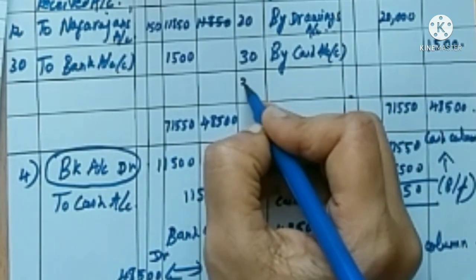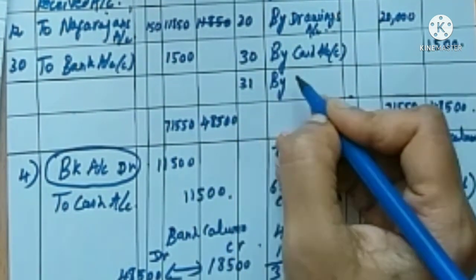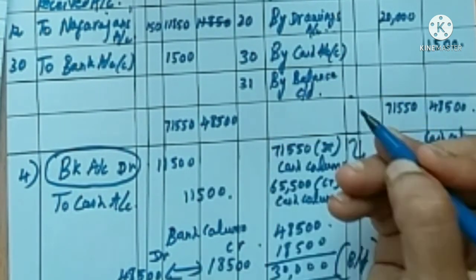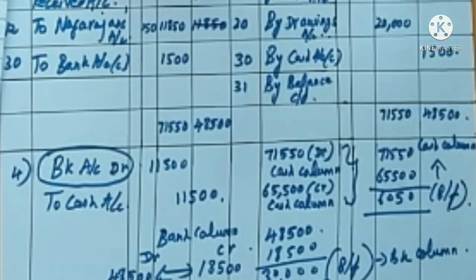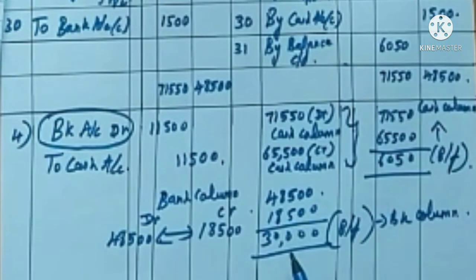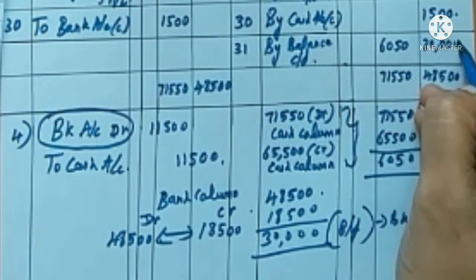The balancing figure will always be shown at the end of the month by "balance carried down". The amount in the cash column is 6,050, so I am going to write 6,050. Then bank column 30,000, so I am going to write this 30,000 here.